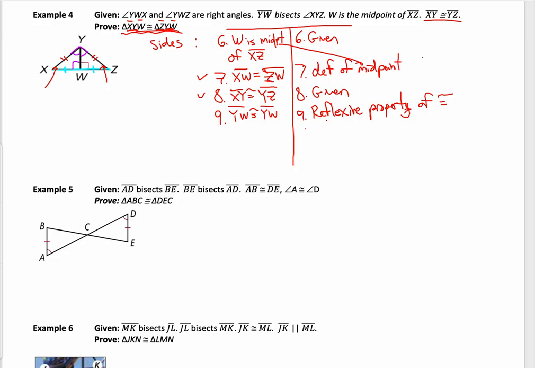So, great. YW is congruent to YW. I've shown that the third pair of sides are congruent. Excellent. I've shown all 6 corresponding pairs of sides and angles that are congruent. Now, having done that, I can say the congruent statement, triangle XYW is congruent to triangle ZYW.